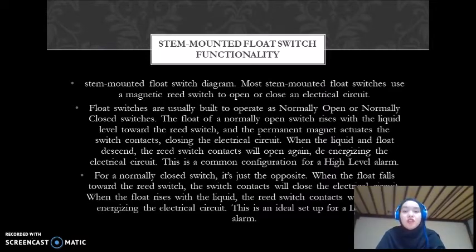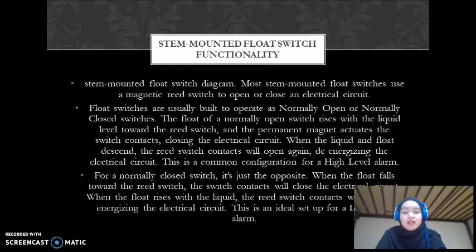Float switches are usually good to operate as normally open or normally closed switches. The float of a normally open switch rises with the liquid level towards the switch, and the permanent magnet attracts the switch contact, closing the electrical circuit.